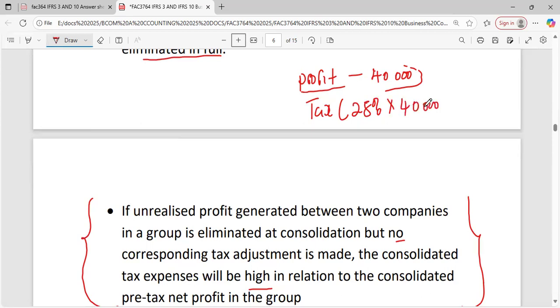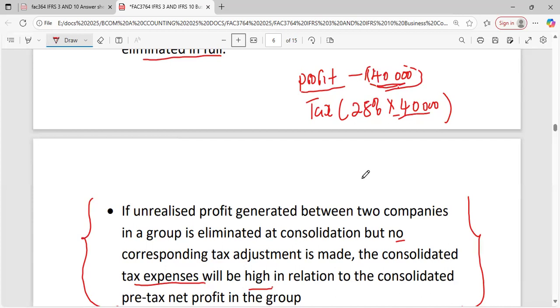This tax must also be eliminated, because if you don't remove it, it will still be high, since you took out this profit and the company had already paid tax on this 40,000. If you eliminate the 40,000 and don't eliminate the tax, the tax will be too high here. That's what it means.